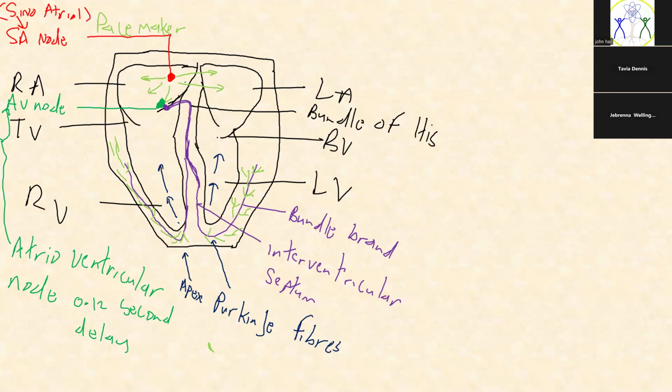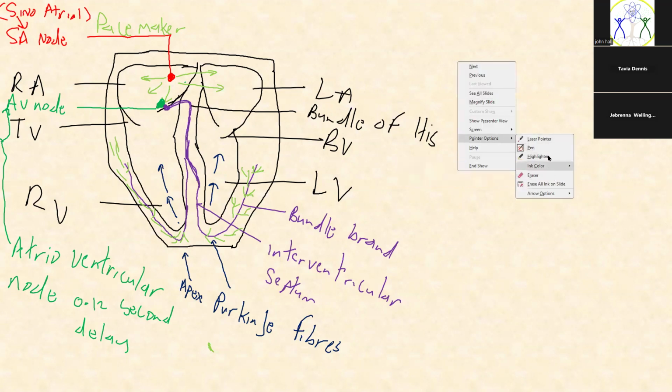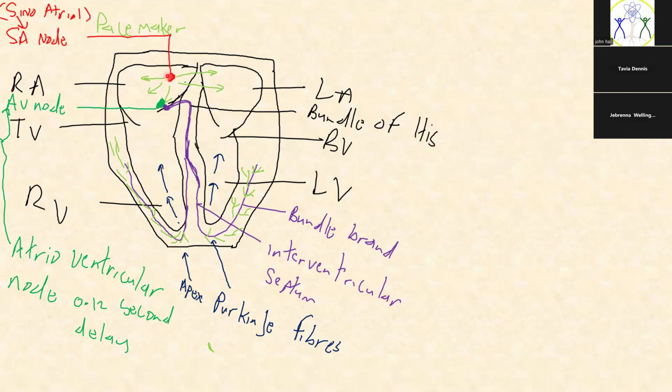All right? So, to run over from the beginning, let's go once again from the top. The original signal comes from the sinoatrial node in the top part of the right atrium, the upper right atrium. That signal spreads into the atria right and left, causing them to contract at the same time.